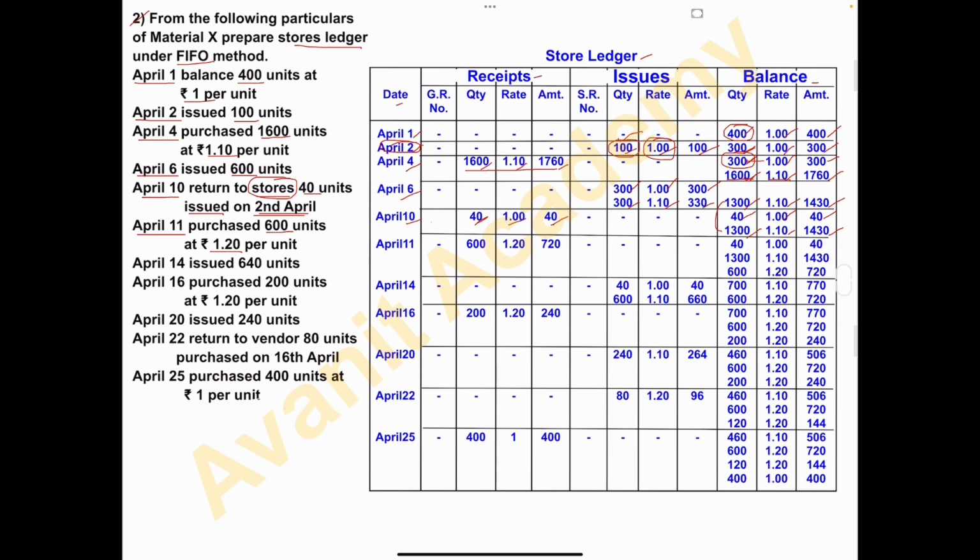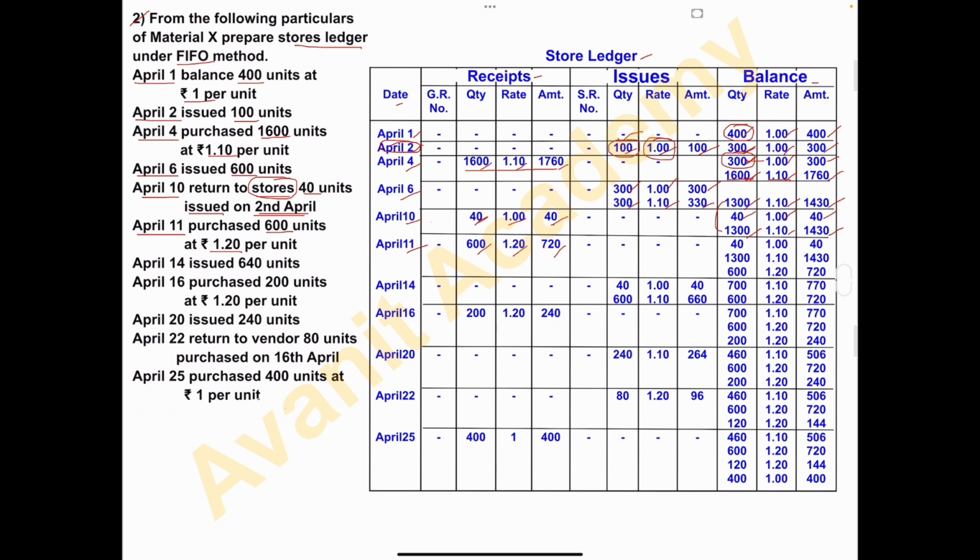Purchases will write in receipt April 11th. GR number nil. How many units are purchased? 600 and rate per unit is 1.20. 600 into 1.20 and the amount is 720. Issues nil.